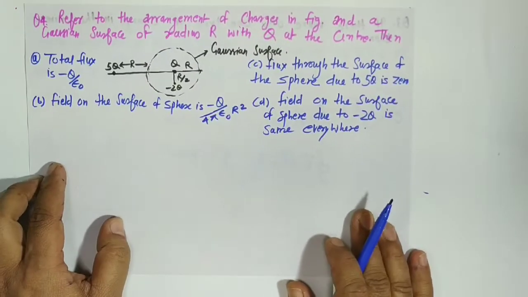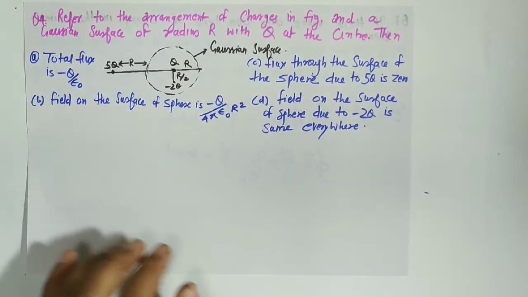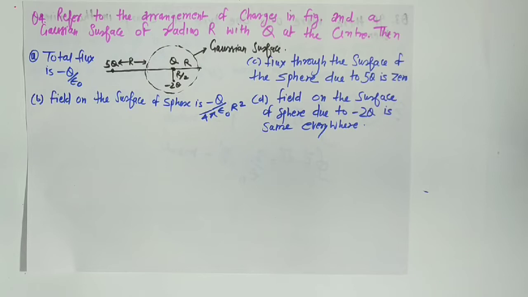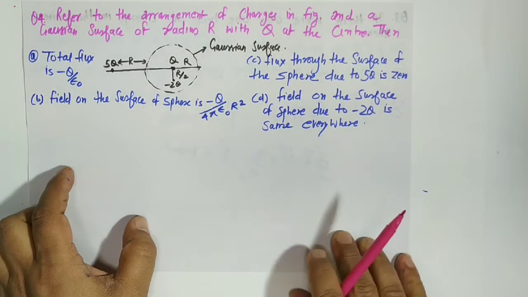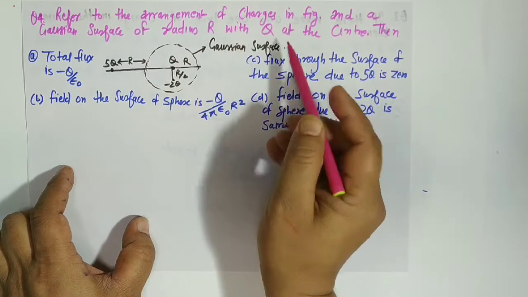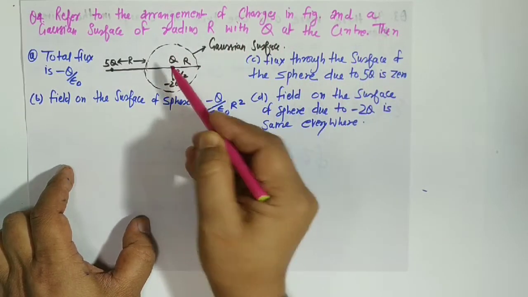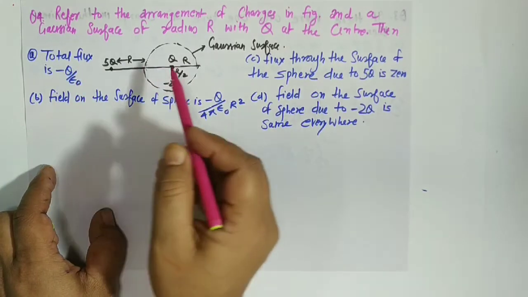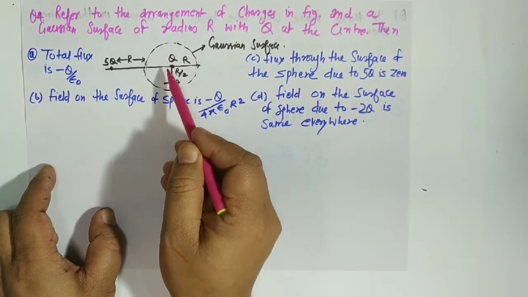Now come to question number 4. Question number 4 again has more than one option. So just see what it states. Refer to the arrangement of charges in figure and a Gaussian surface of radius r with Q at the center. Then A, total flux is minus Q by epsilon naught.